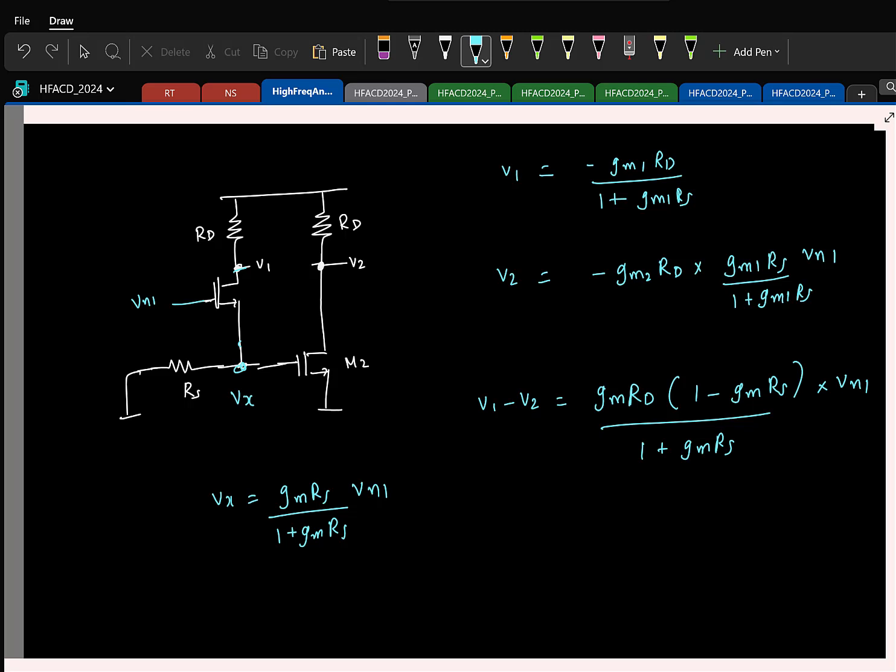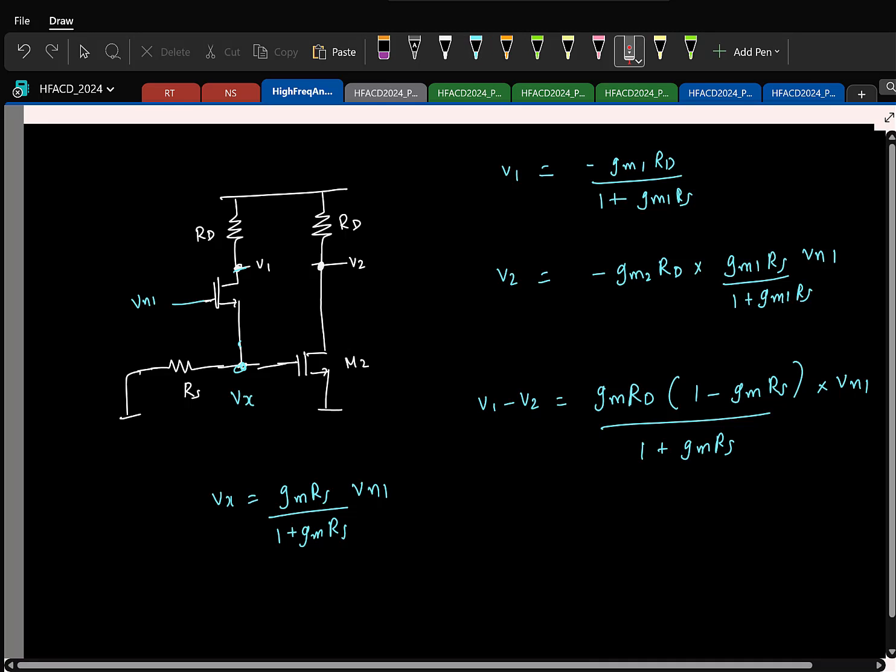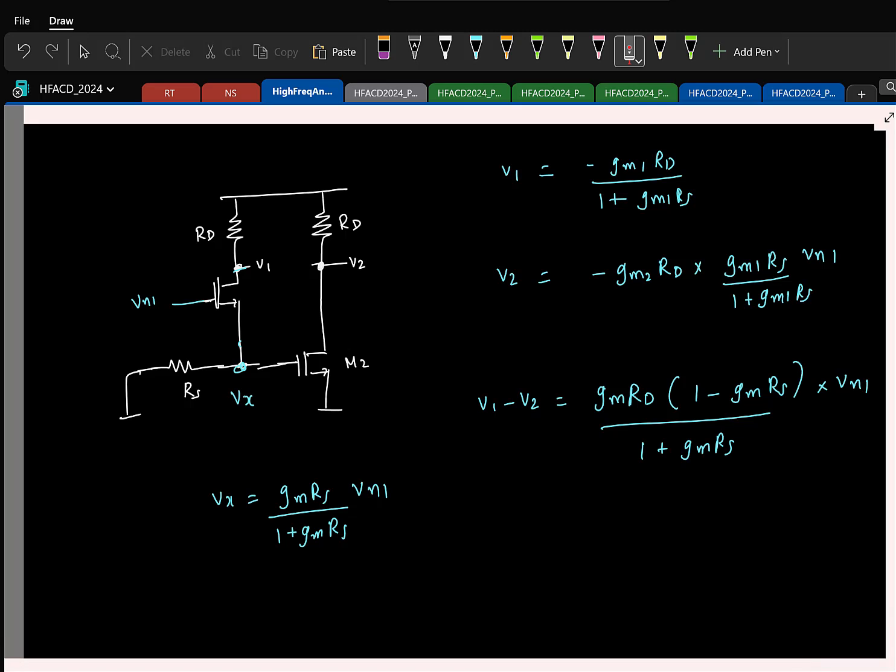Is there something interesting happening? What I have found here is the contribution of transistor M1's noise to my final output V1 minus V2. That has a term which is Gm Rd by 1 plus Gm Rs times 1 minus Gm Rs. So is there something I can do here to reduce the noise contribution?